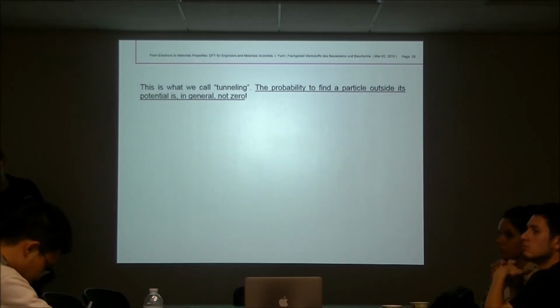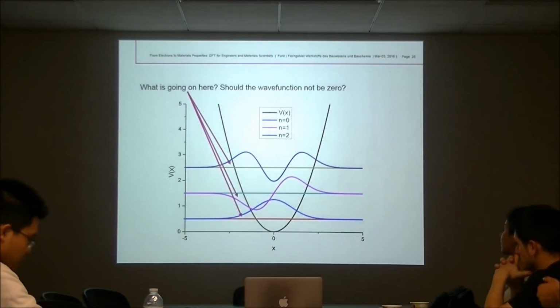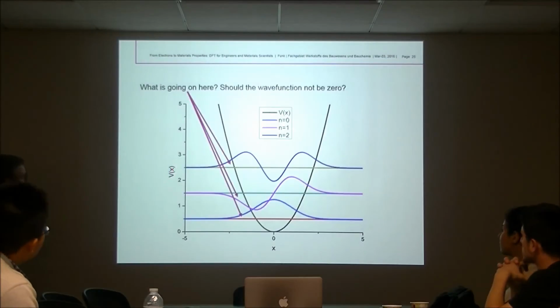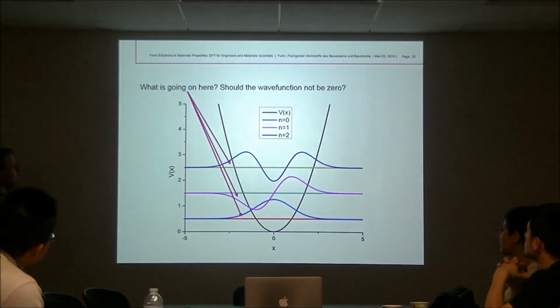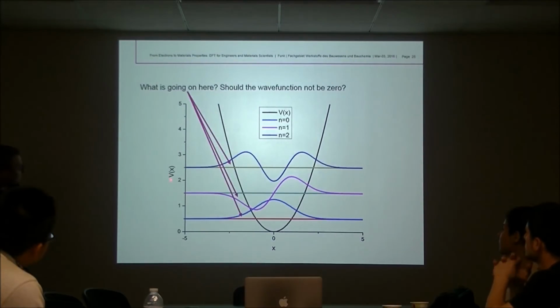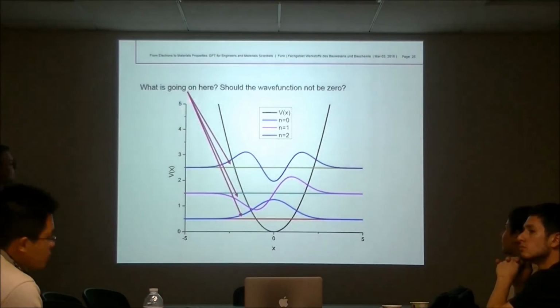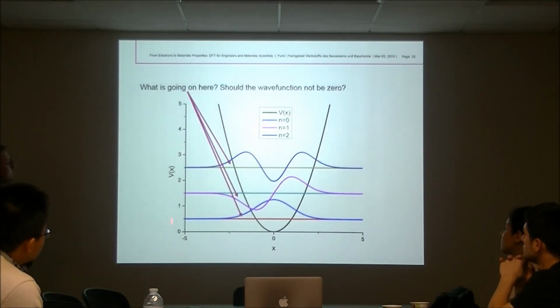So, can you explain the vertical axis of the previous slide? Oh, sorry, it's V of x for the potential. The wave function is dimensionless, so I could scale V of x. V of x is of course scaled with respect to its energy.